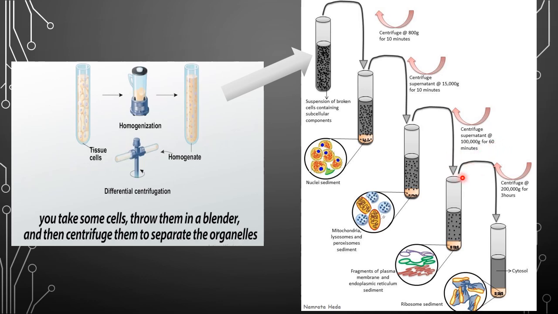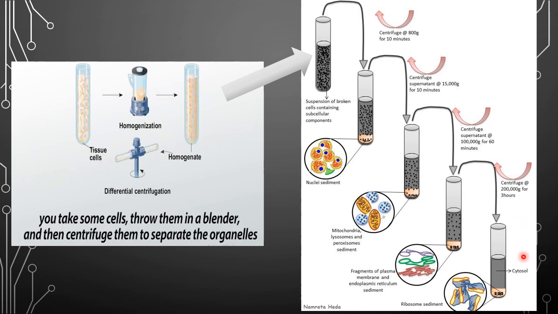After this 1 hour, we have a pellet and a supernatant. Our pellet will contain mainly fragments of plasma membrane and endoplasmic reticulum. We can also take this supernatant, put it in another tube, and centrifuge at 200,000 g for 3 hours.